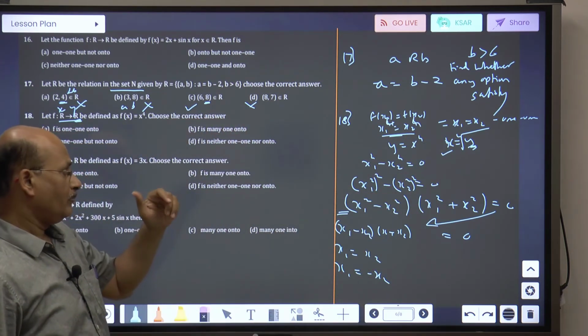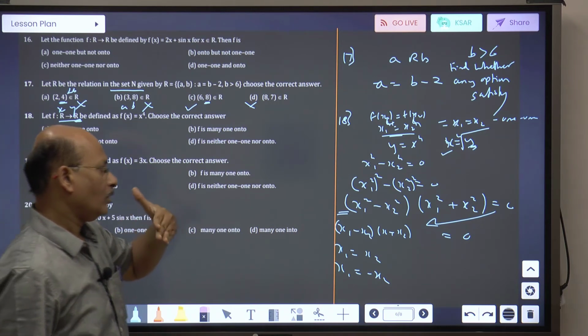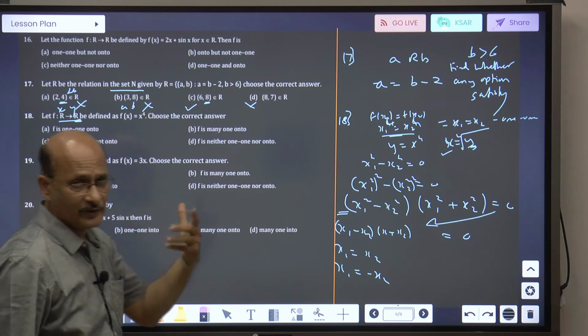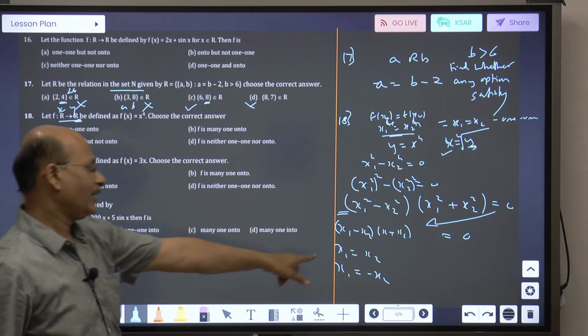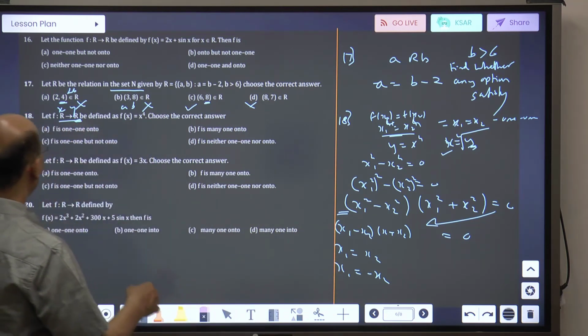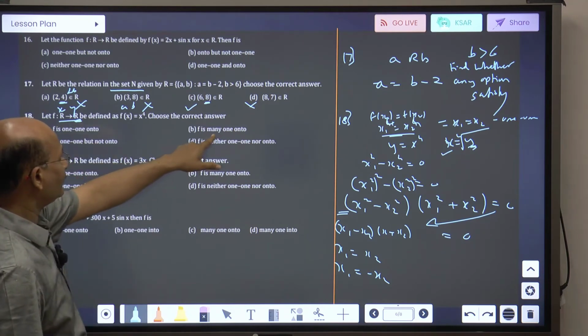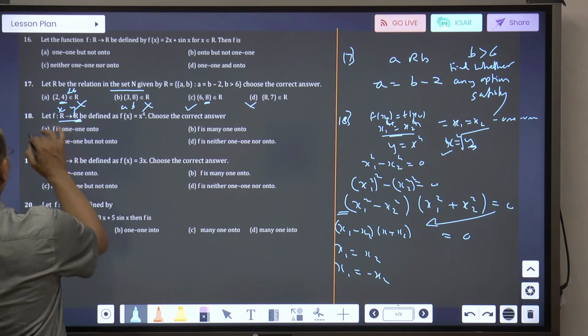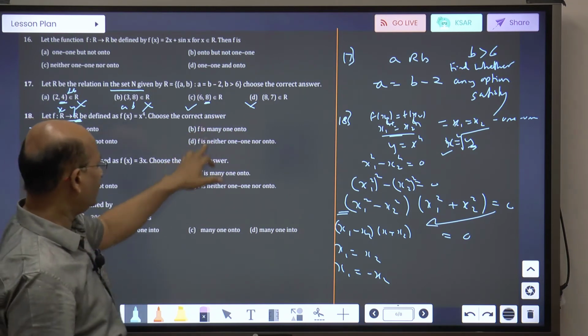If it's not 1 and more than 1, you have to solve this way and find out whether only x1 and x2 gives the result. So here x1 and minus x2, so it is not 1-1. So f is 1-1, f is many-1, 1-1 to nahi hai. It can be many-1, these two are out of question, right? So either this or this.